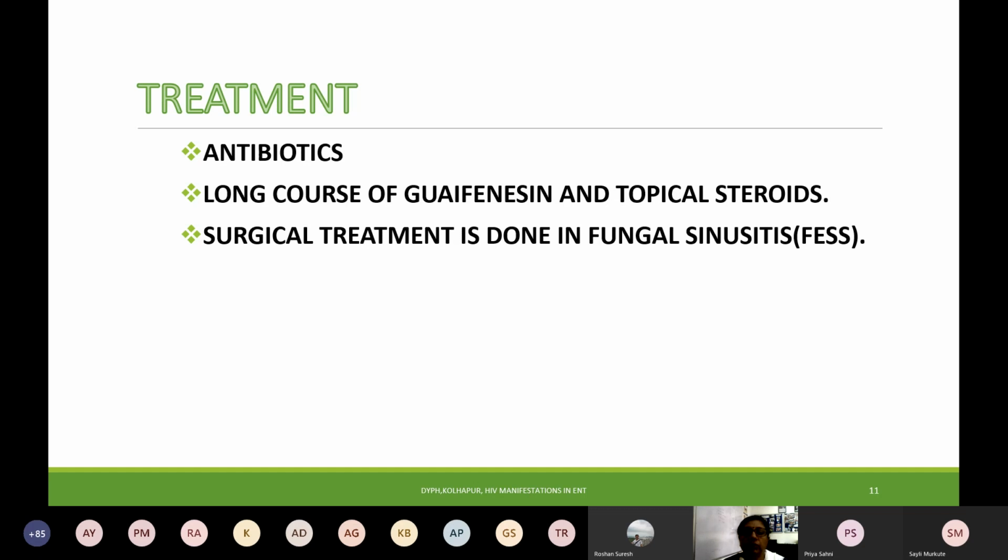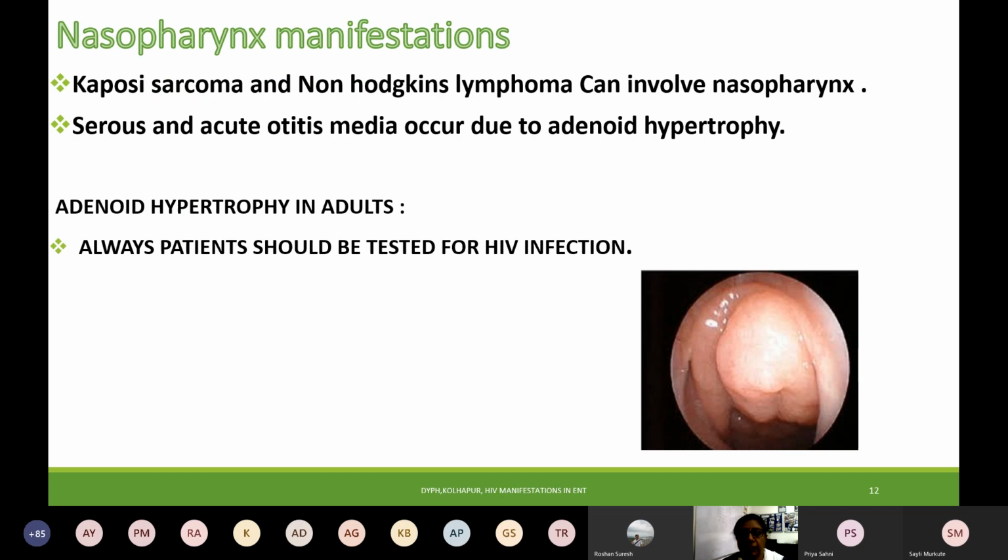When you write, please write all the signs and symptoms and investigations of sinusitis. Now the treatment is antibiotics, a long course of guaifenesin and topical steroids. Surgical treatment for fungal sinusitis is FESS, functional endoscopic sinus surgery, what we do routinely.